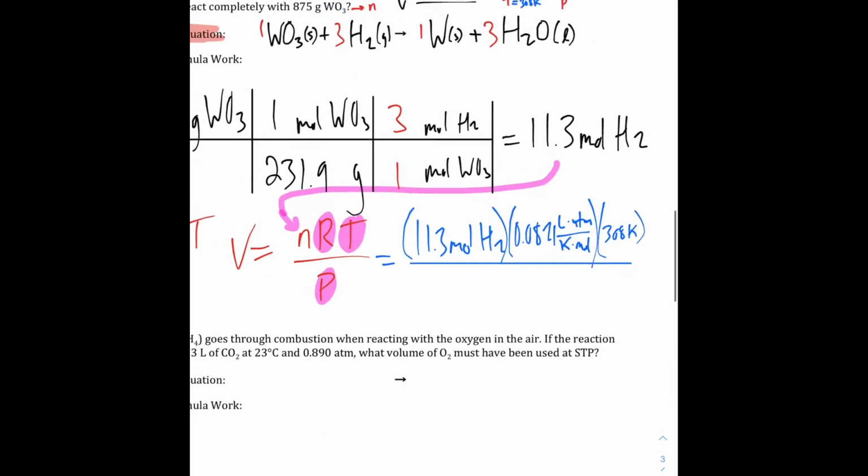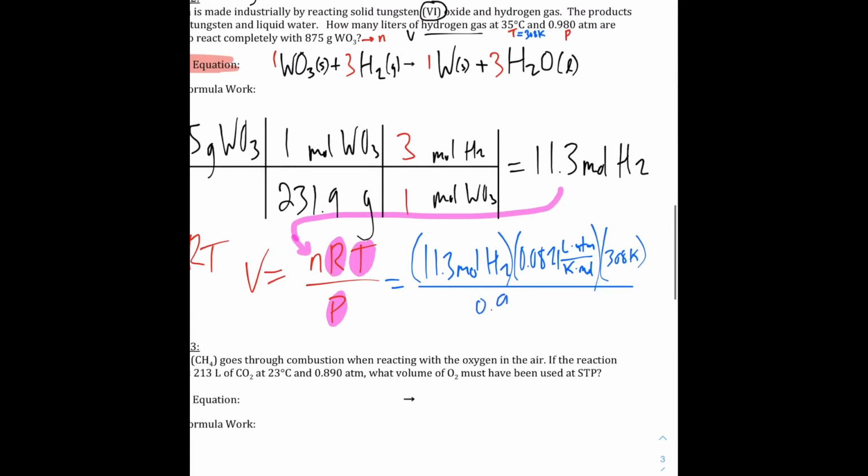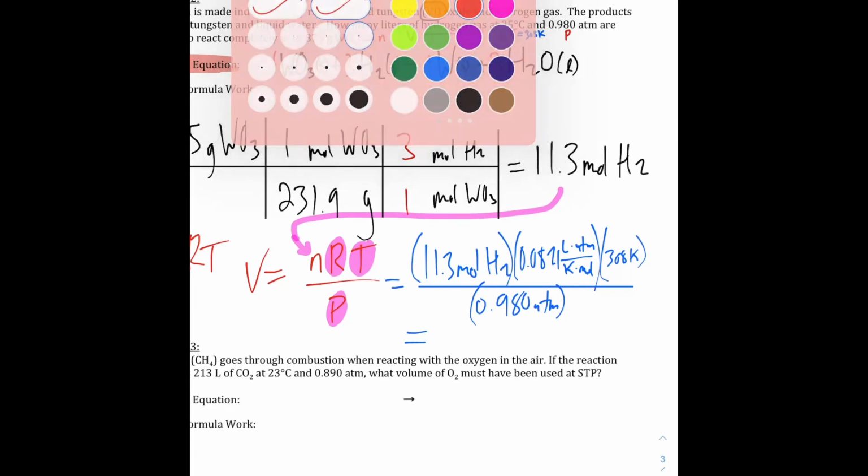Right? And then our pressure, which was given to us, is 0.980 atmospheres. Do a little calculation here. 11.3. Okay. There we go. And I get a, well, let's check my units, because I showed them.